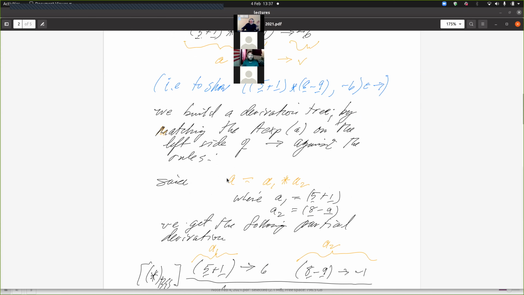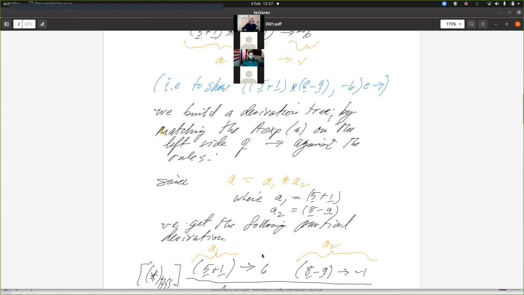So you could say, okay, my A is of this form, where A1 is the subtree representing this linear expression, which is left paren, numeral 5 plus numeral 1, right paren. And A2 is the 8 minus 9 numeral in parentheses.